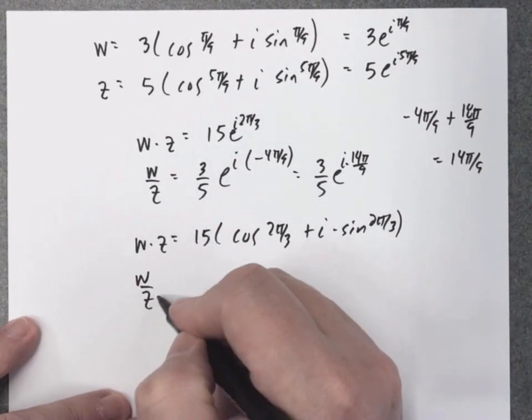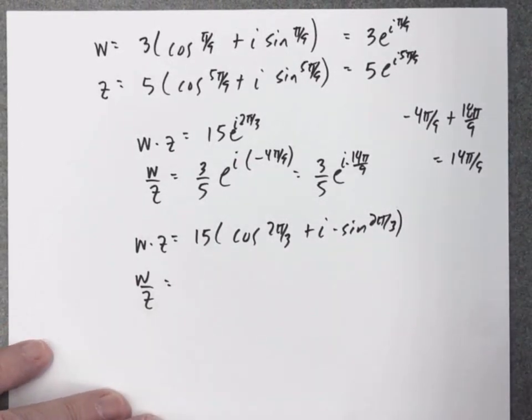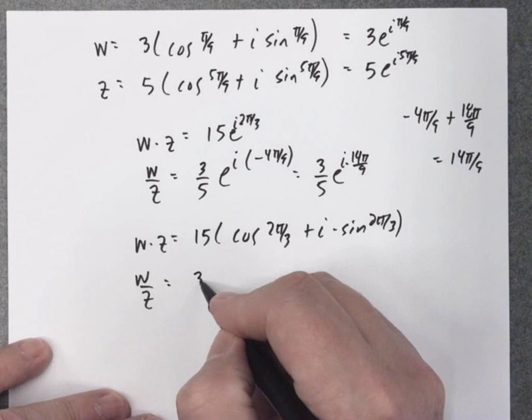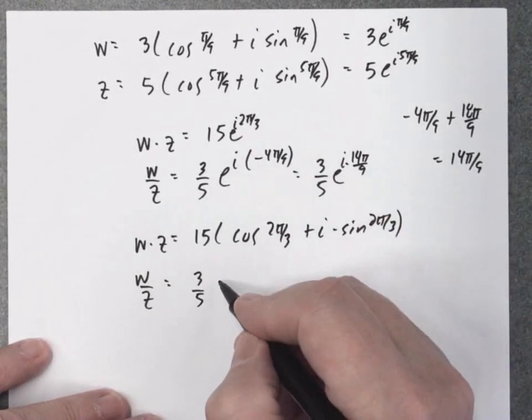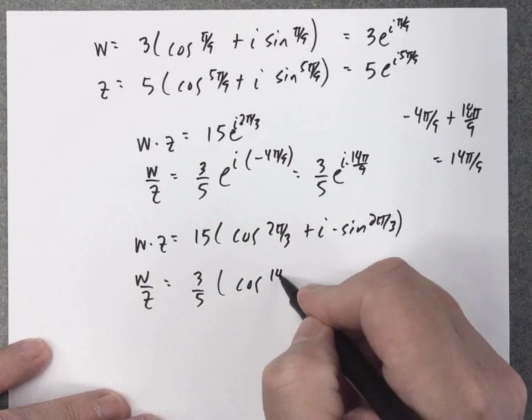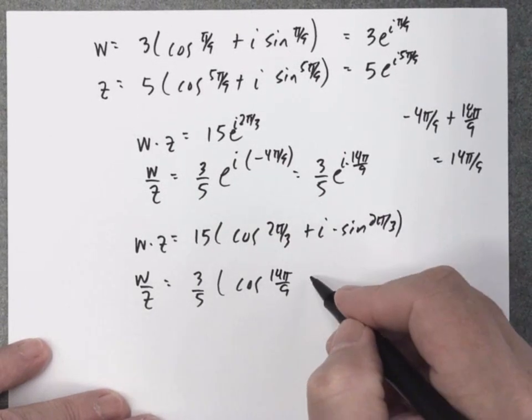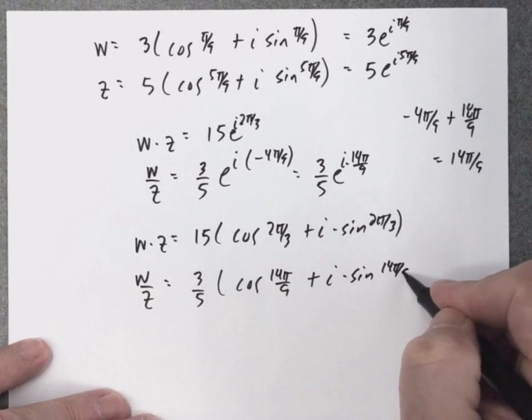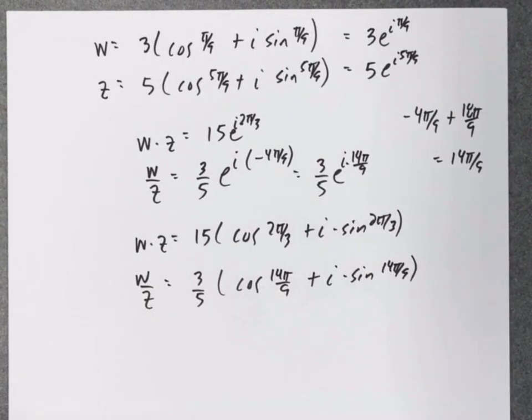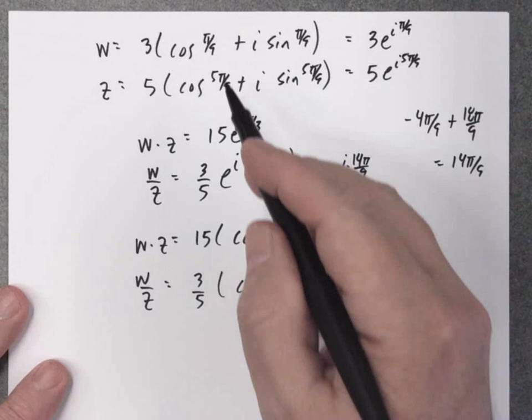And if you want to do the division, it's simply 3/5. Here's your angle, 14 pi over 9, cosine 14 pi over 9, plus i times sine 14 pi over 9. So that wasn't too bad.